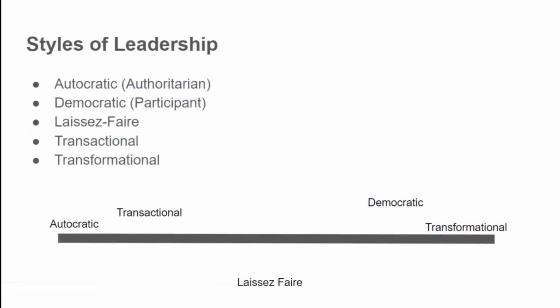If you think about leadership styles, we looked at this continuum where we had autocratic leaders on one side, which is really people that tell you what to do, and there's not a lot of room for movement there. They're authoritarian. Here's what I want you to do. Now go do it.